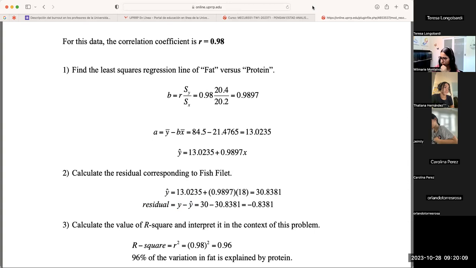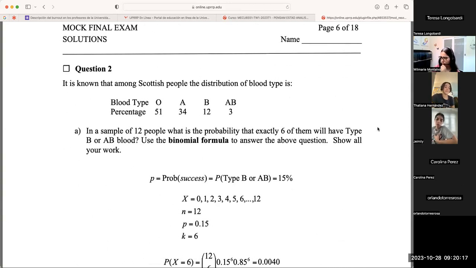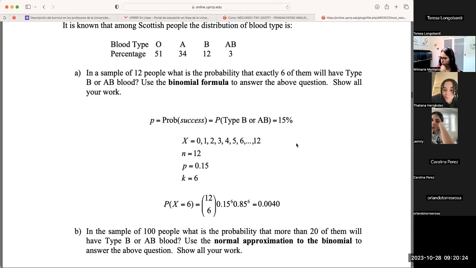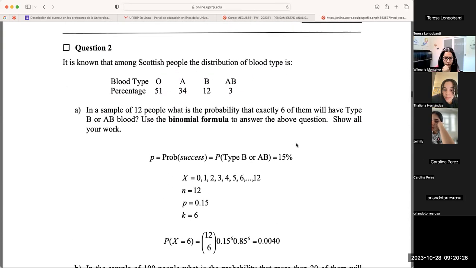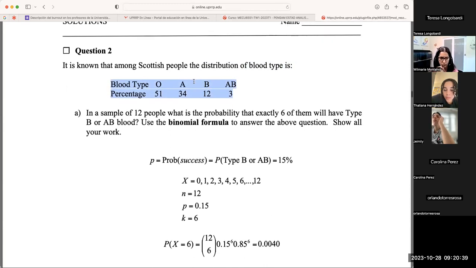Entonces, la otra pregunta que tenía era en esa misma sección, la pregunta 2. No estoy segura cómo sacaron el 15%. Oh, okay. Yeah, so whenever I combine two concepts, students get confused, right? So I am combining here what you learned about probabilities with what you learned about binomials.